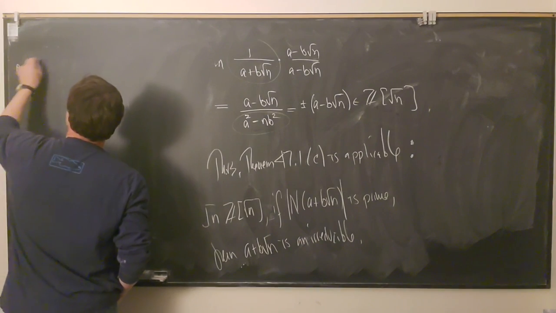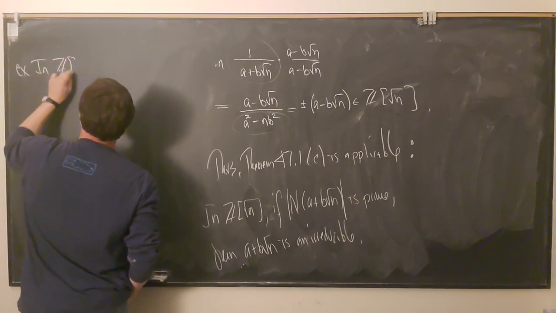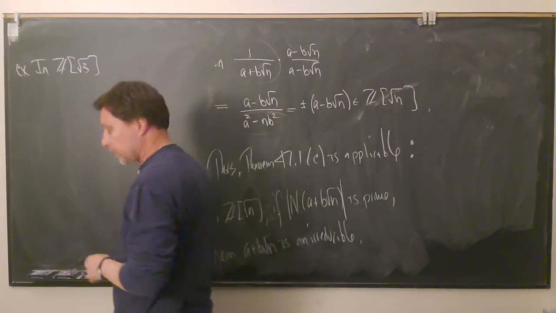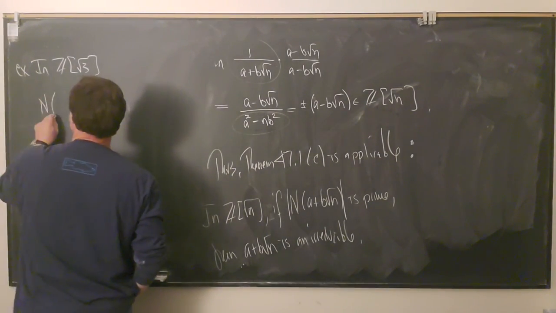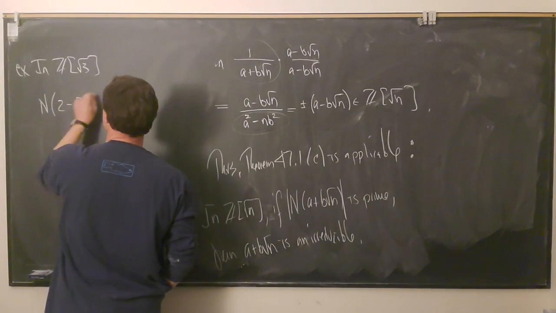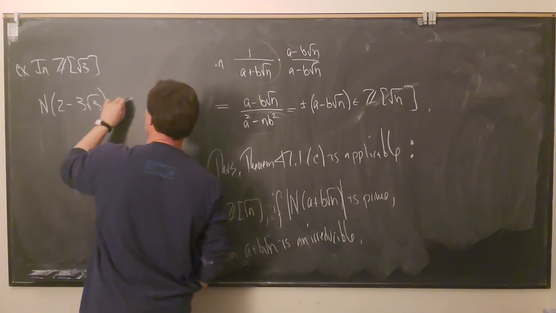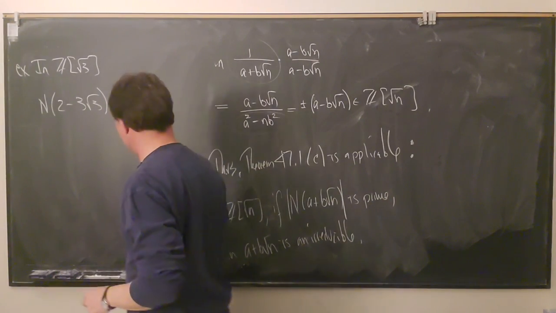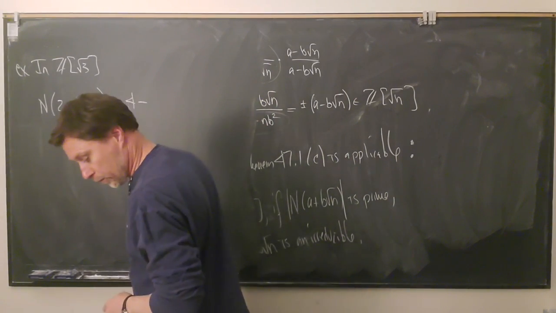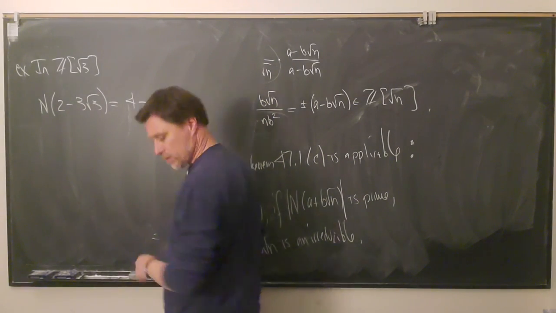So the example in Z bracket root 3. If we look at the norm of the element 2 minus 3 root 3, okay, so that's going to be 4, wait, did I want minus?